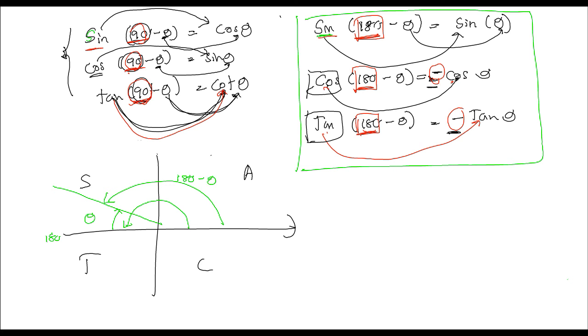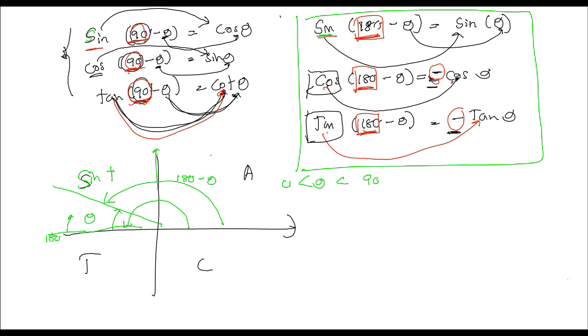We know for sure 180 minus theta has to be smaller than 180, so when theta is between 0 and 90, it has to be in the second quadrant, and only sine is positive here.